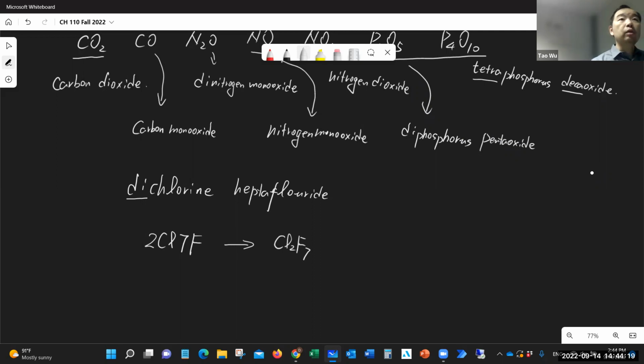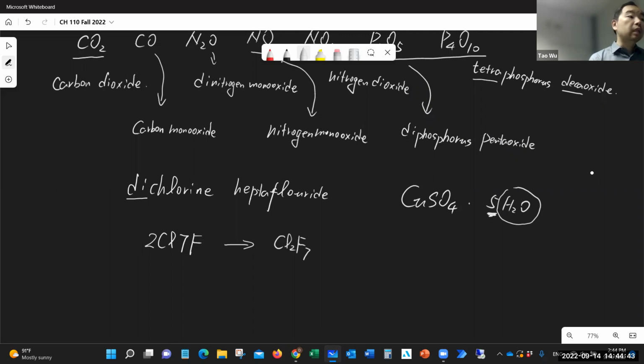When you look at what we talked about today, this one has a number 5 in front, but that is in front of the whole formula, in front of the whole water.